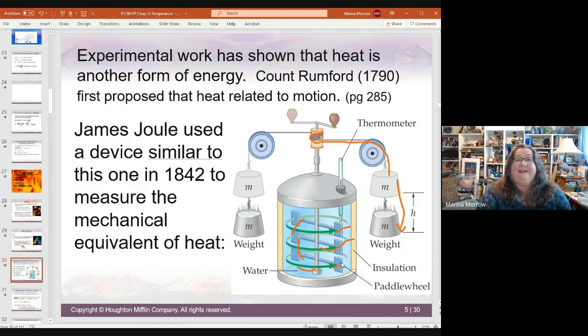And so the water actually heats up. So if you just stir some water, you're actually adding energy to the water because you're making the molecules move faster. You're giving them kinetic energy. Anyway, he was able to do calculations showing that the temperature change was proportional to the amount of potential energy that was lost.